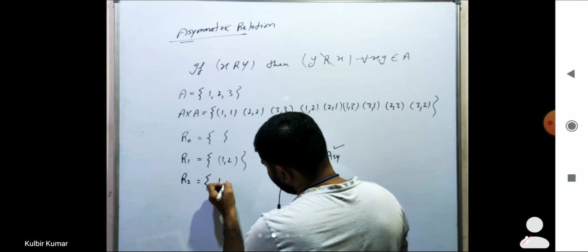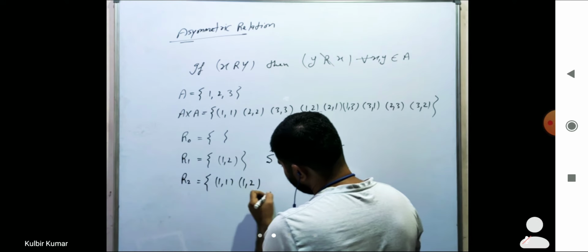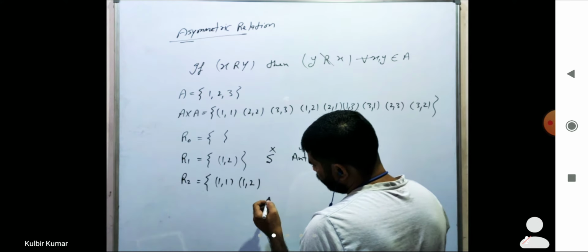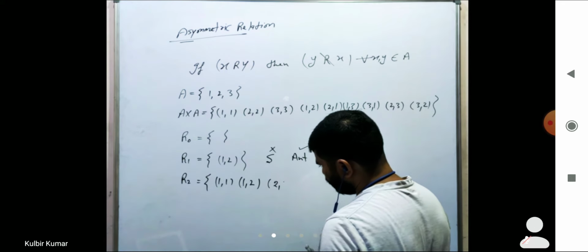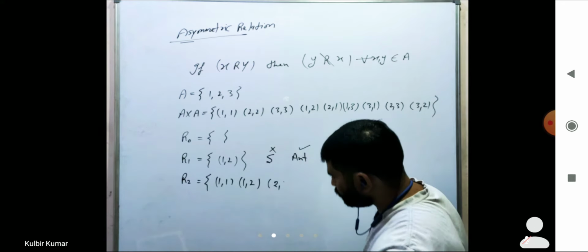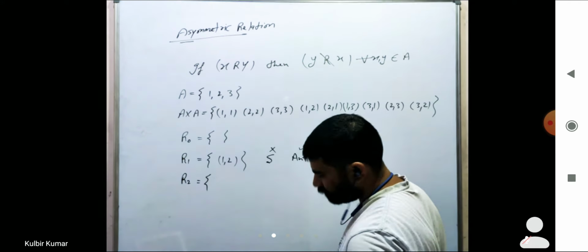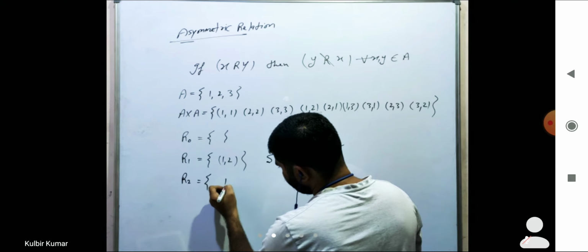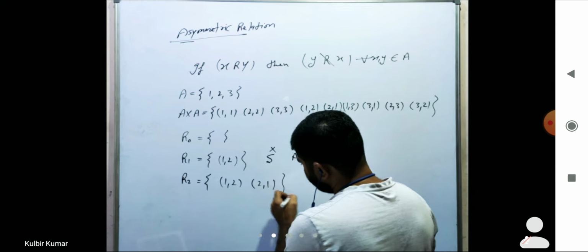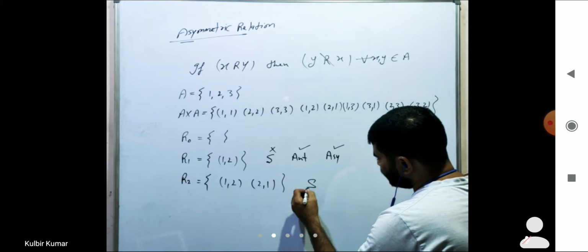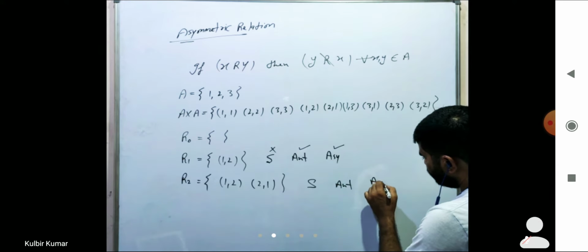Let's see the second one, R2. R2 is (1,1), (1,2) and (2,1). What about this one? Is it symmetric, antisymmetric, asymmetric?